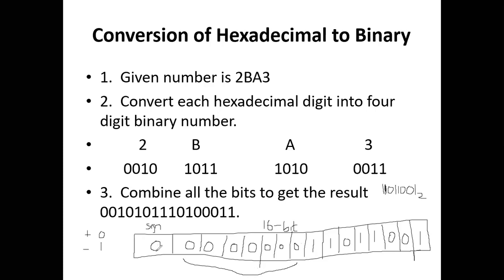Then the first one here indicates the sign. If our number was negative, the value here would have been a 1. So this is about data representation.